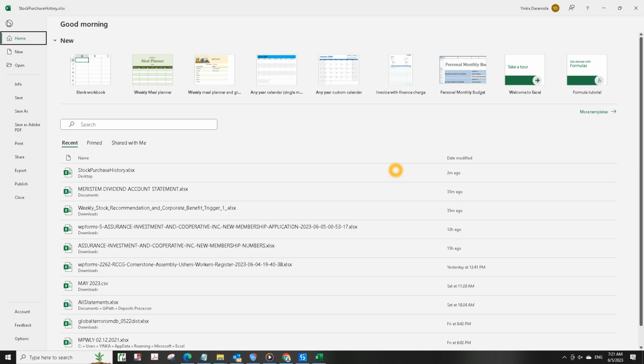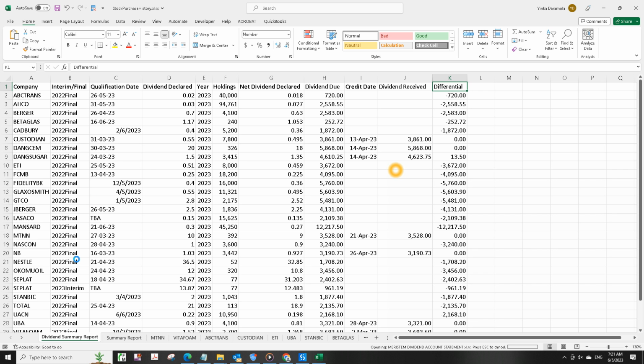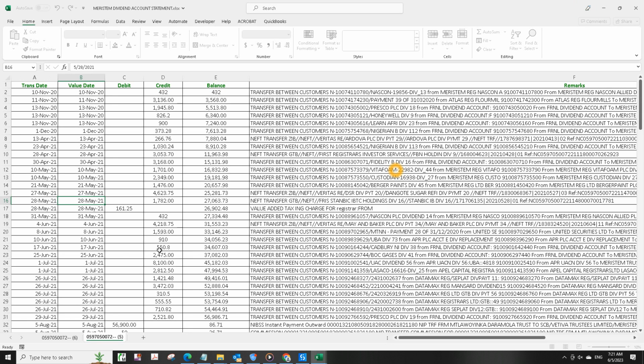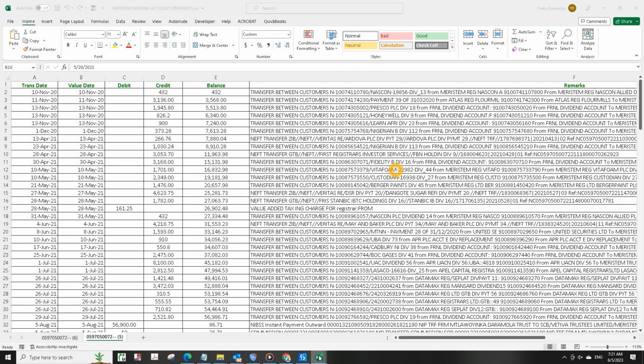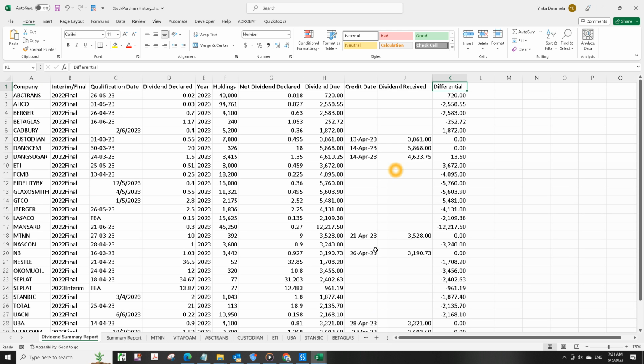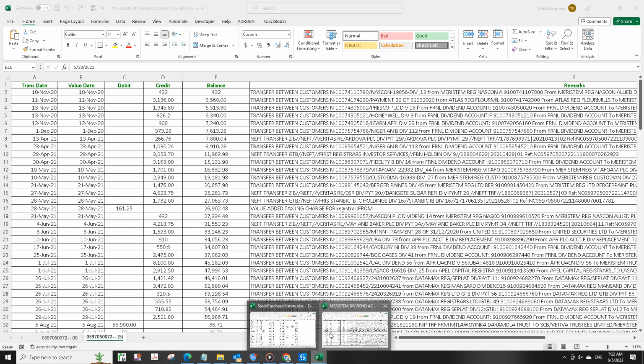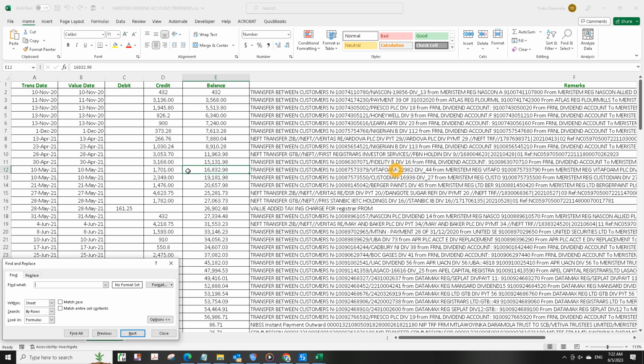So if I look through this account statement, for example, I'm just going to look for Nigerian breweries. I don't know if that's the simplest one, but I'm going to search for Nigerian breweries.